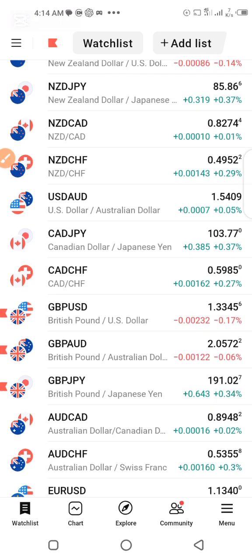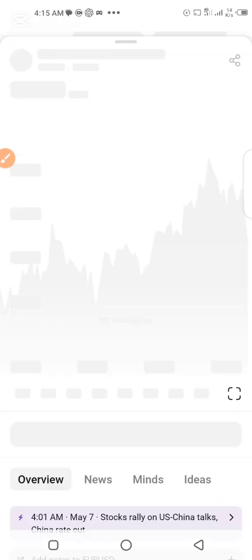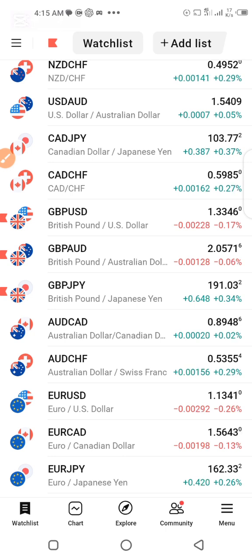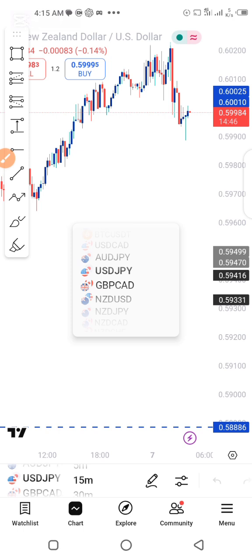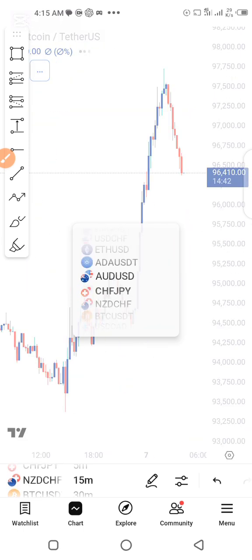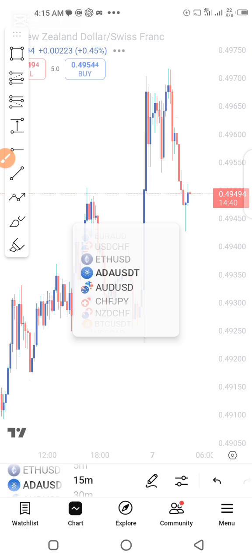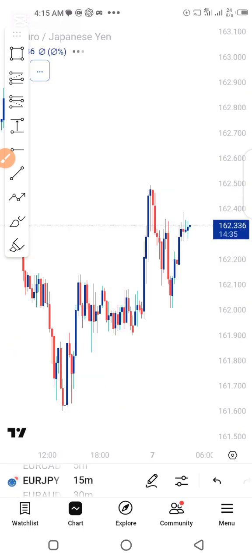So this is my watch list. You can see here we have Euro USD. Let me go over to my chart and get that Euro USD so that we'll use it, because that's what they use as an example there.